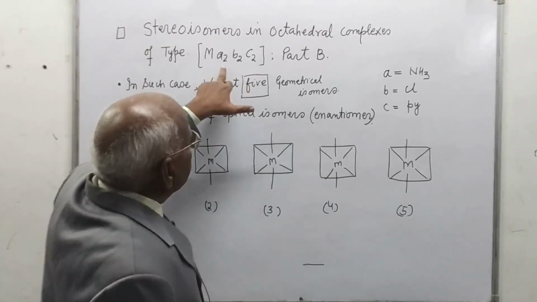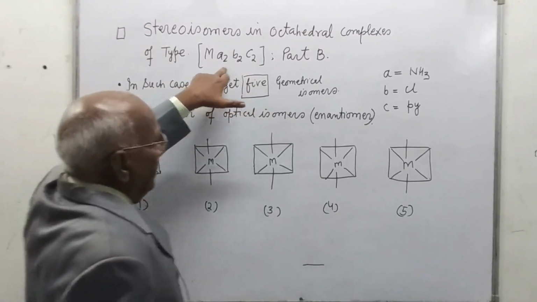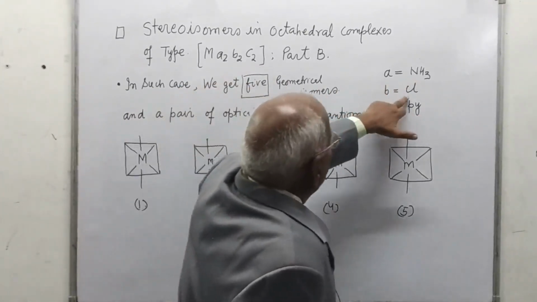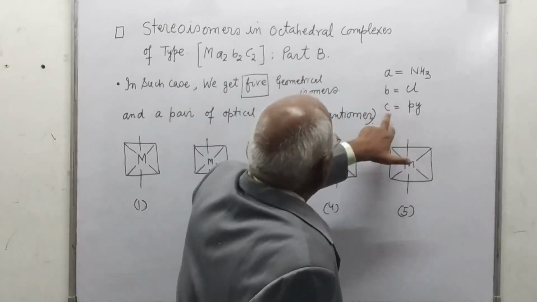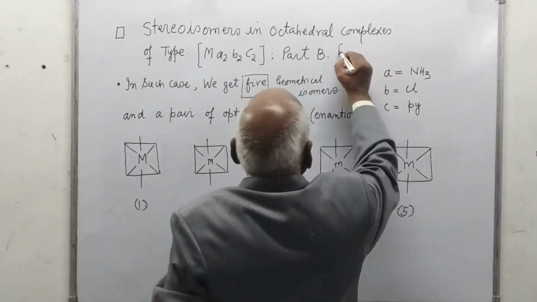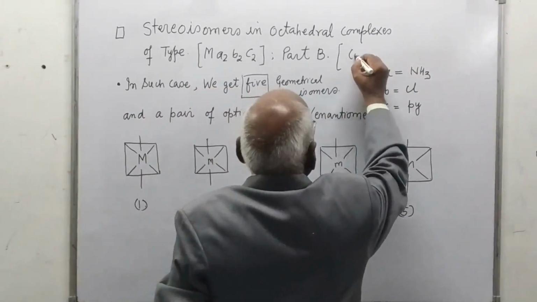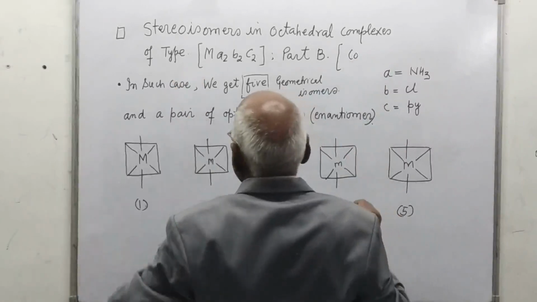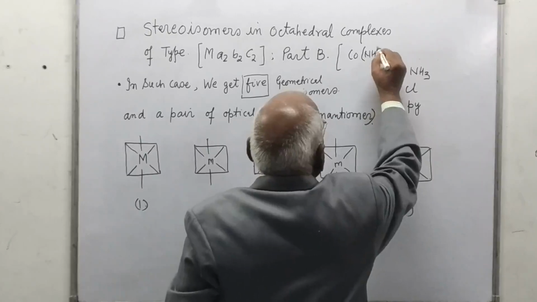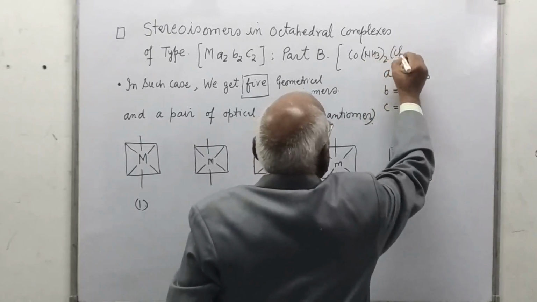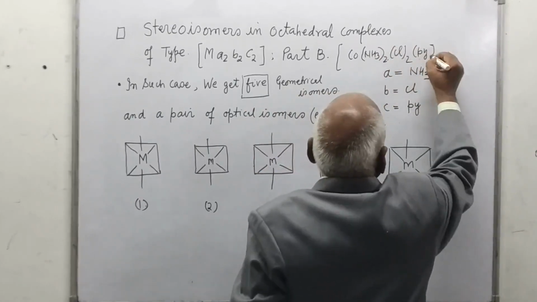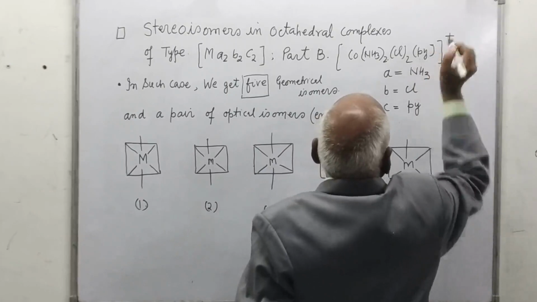If we take NH3 for A, Cl for B, and pyridine for C, then its molecular formula becomes, say, cobalt, with NH3 twice, Cl twice, and pyridine twice, plus 1.